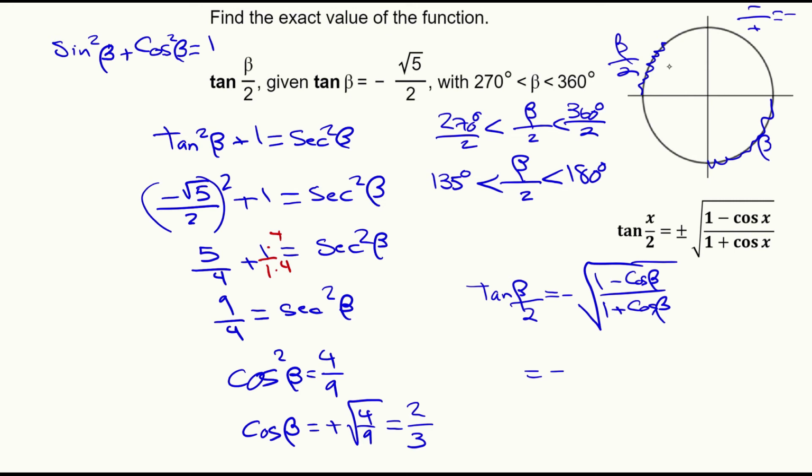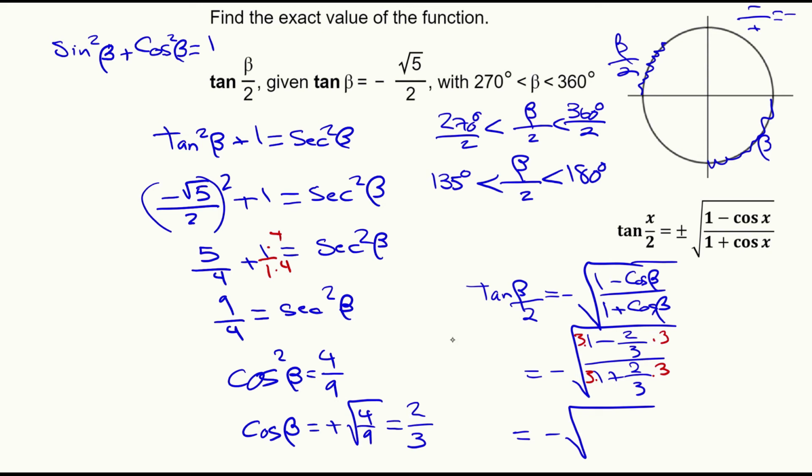So we end up with negative square root of 1 minus 2/3 over 1 plus 2/3. By now you know how to simplify those quickly. We multiply top and bottom of this complex fraction by the LCD, which is 3, distributing so all 4 terms get multiplied by 3.